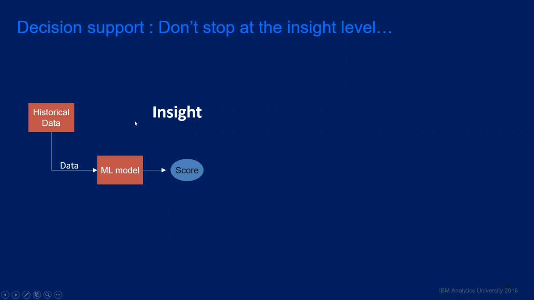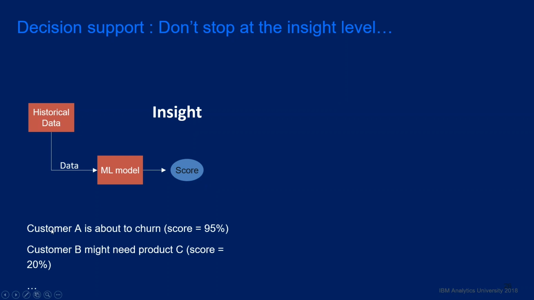In machine learning, you have historical data. You send it to a machine learning model, and you can score or create a predictive model, correct? And get insight, get prediction. So the problem might be: customer A is about to churn, and it's going to give you a score.